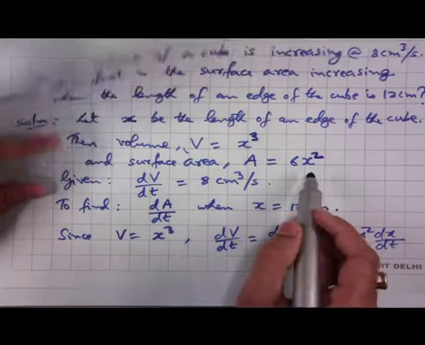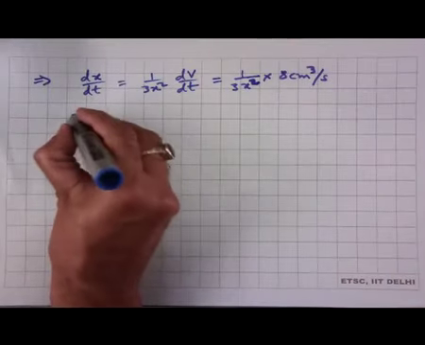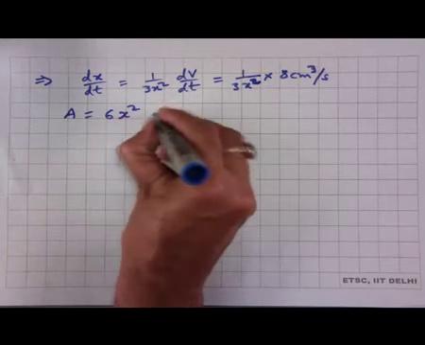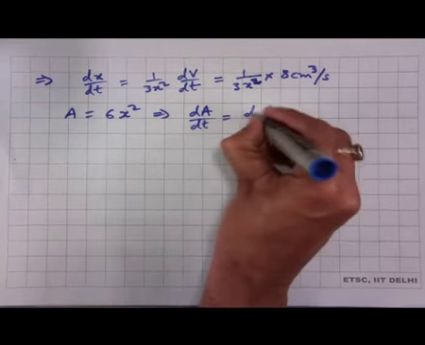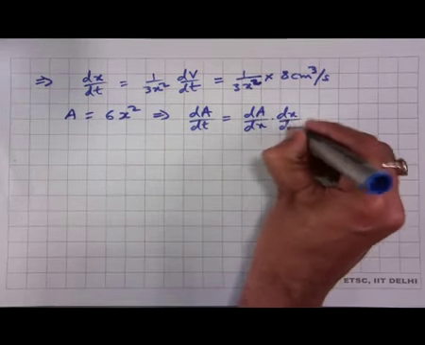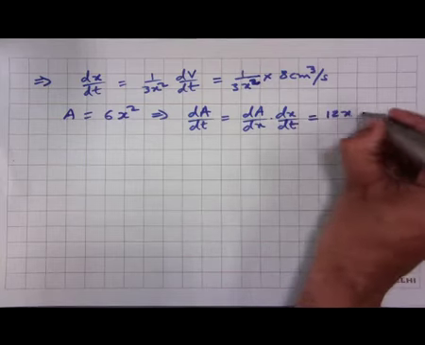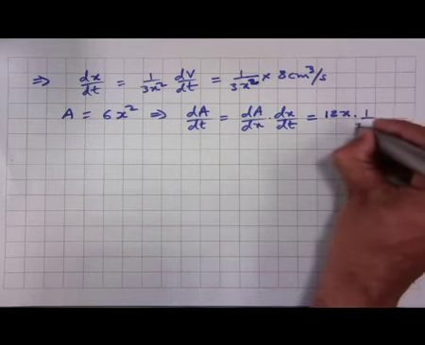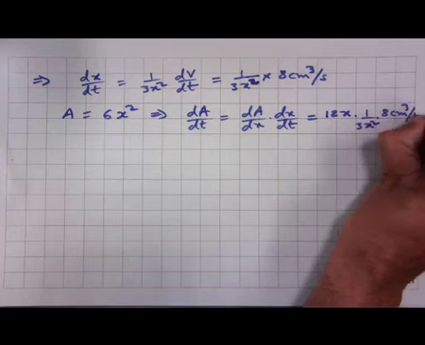So, if we know dx/dt, we can calculate dA/dt. A equal to 6x², this implies dA/dt is equal to dA/dx times dx/dt, and dA/dx is 12x, times dx/dt we have calculated as 1 by 3x² times 8 centimeter cube per second.